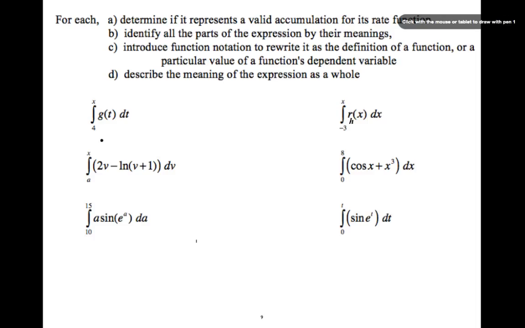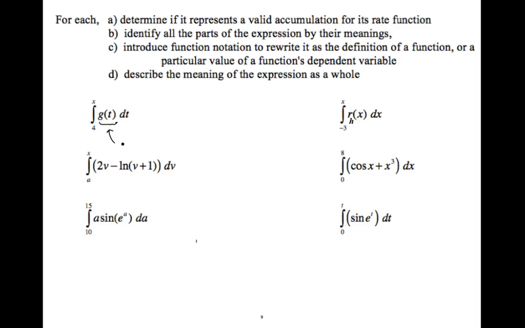So first of all, does this validly do what we intend it to do? Yes. Does it get some amount of accumulation starting at 4 up to x according to this? And what is g? How do we see g? What is g? Good. So even though we're not using the same notation that we've used all along, if you see g of t, we just know that that's an exact rate of change function, right?